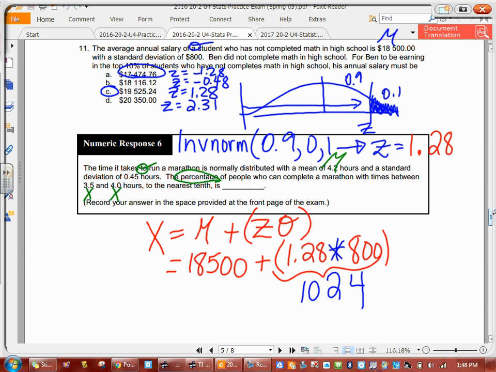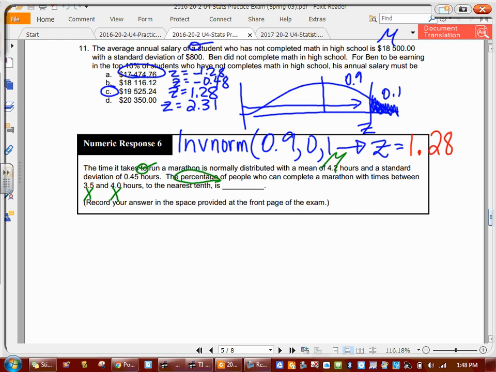So, z-score of 3.5 minus 4.2, all divided by 0.45. That's going to give us negative 1.56. The second z-score: 4 minus 4.2 all over 0.45.